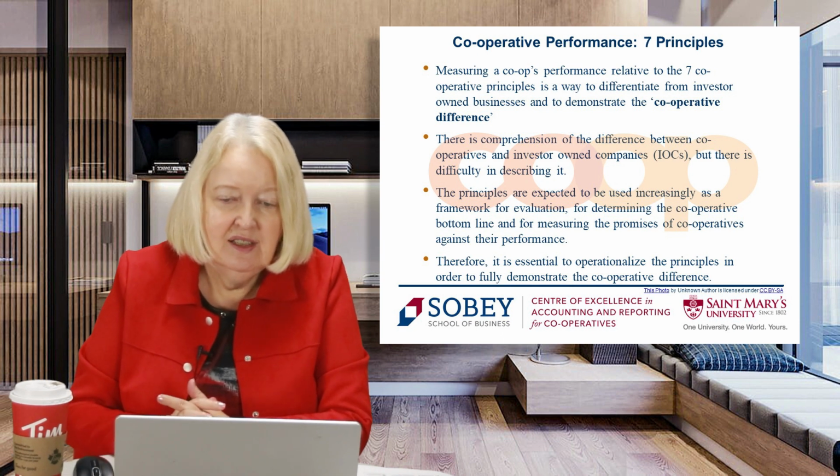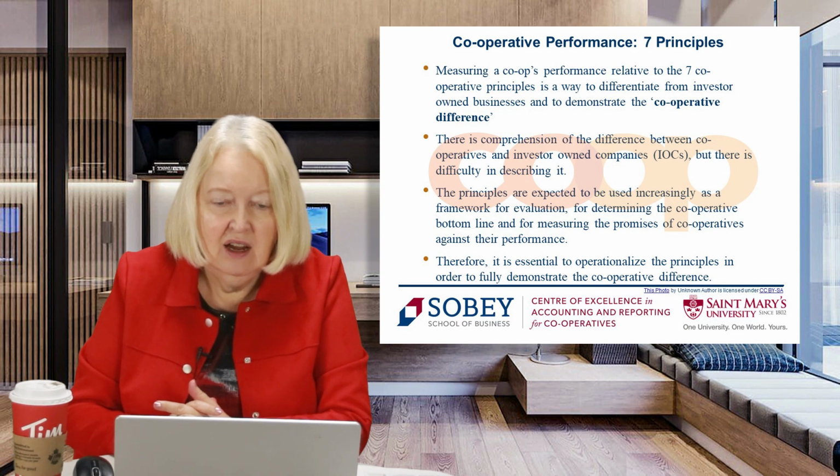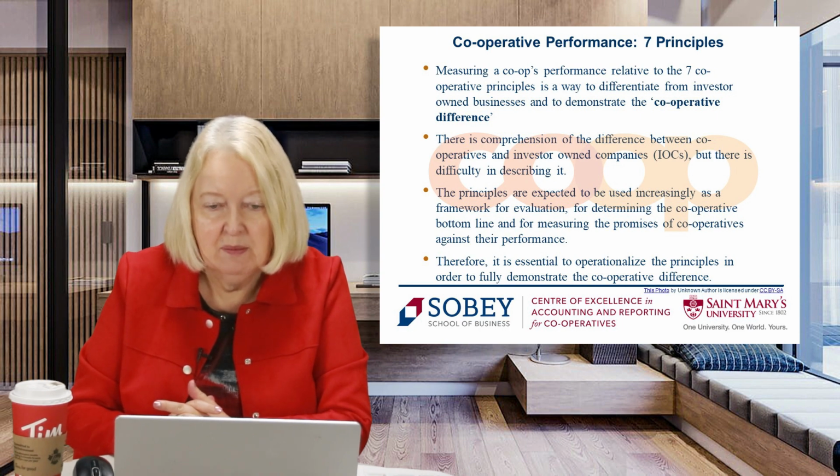So the 7 principles are very important. They are a way to measure the co-op's performance against the 7 principles. This is a way to differentiate from an investor-owned business and to demonstrate the cooperative difference. While there is comprehension of the difference between co-ops and investor-owned companies, many people have difficulty in describing it.